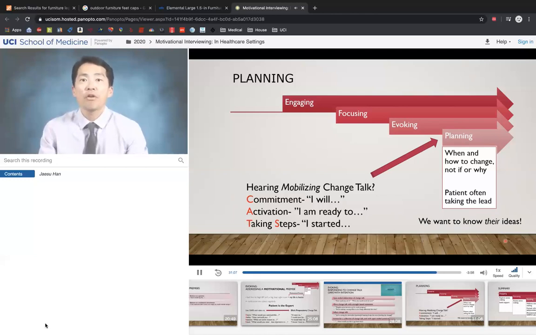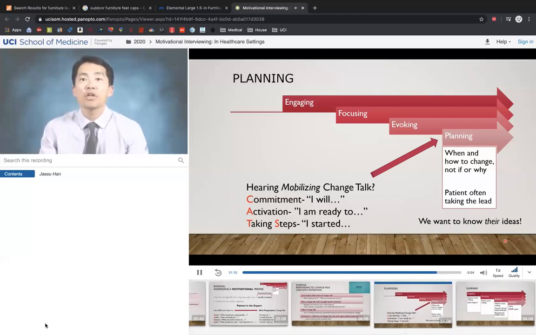And even here, we want to make sure that we know their ideas for change, and not move too quickly and tell them what we think that they should do. Now, what about if a patient is not giving you commitment, activation, or taking steps language? What if you're still hearing mostly what we call sustained talk, which is the status quo, or just lingering with preparatory change talk?